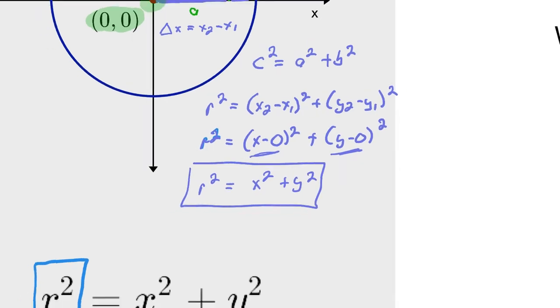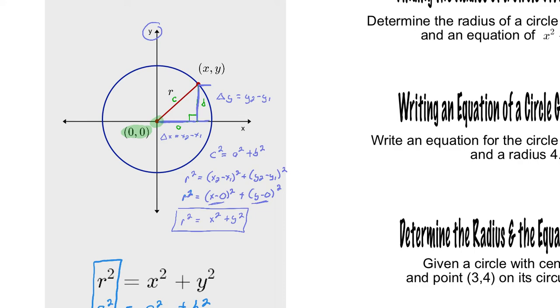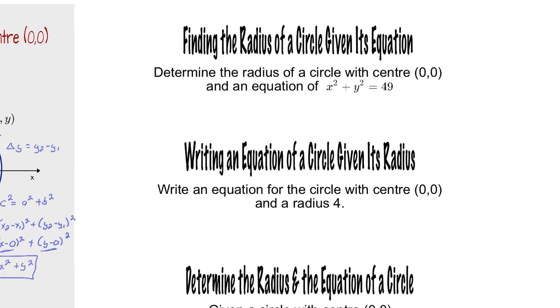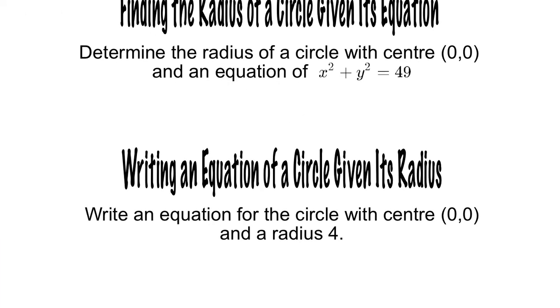Now there are three types of questions we can ask with this formula and with this information. So if we find the radius of a circle given its equation, so we know that the overall formula is x squared plus y squared equals r squared.